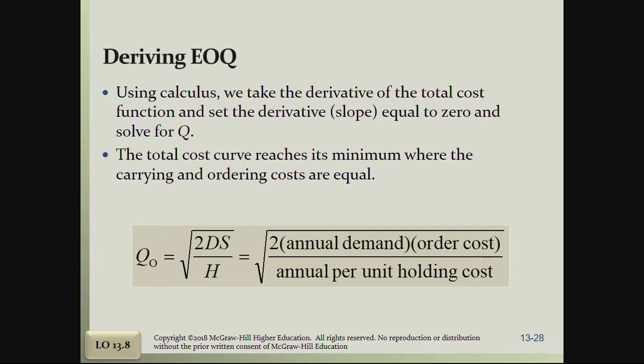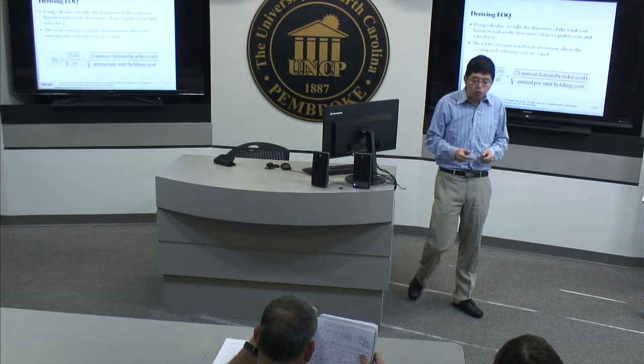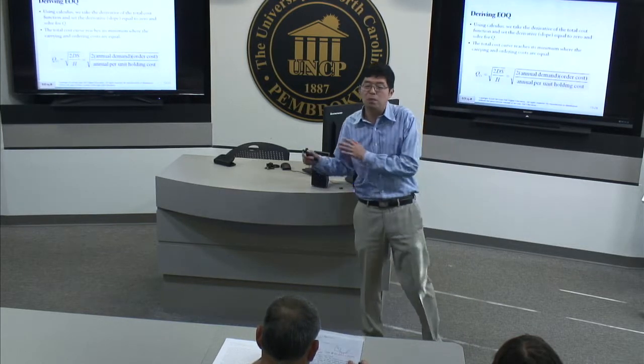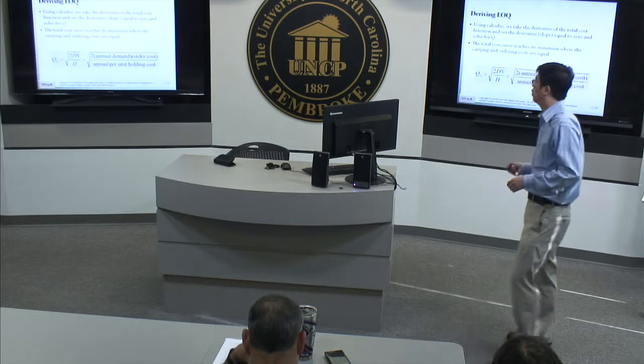Remember that this formula guarantees we have the optimal solution, which means if you use this order quantity, your total annual cost will be minimized. So that's the EOQ model.